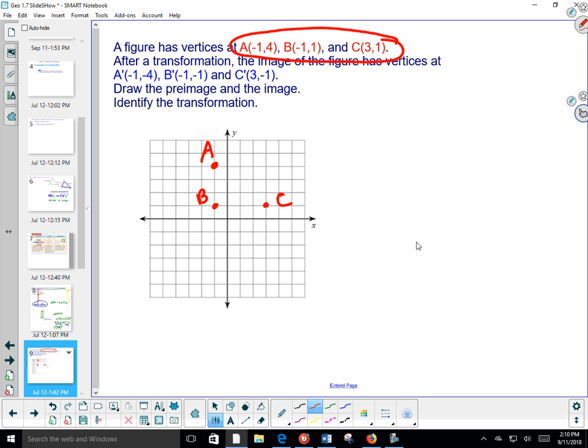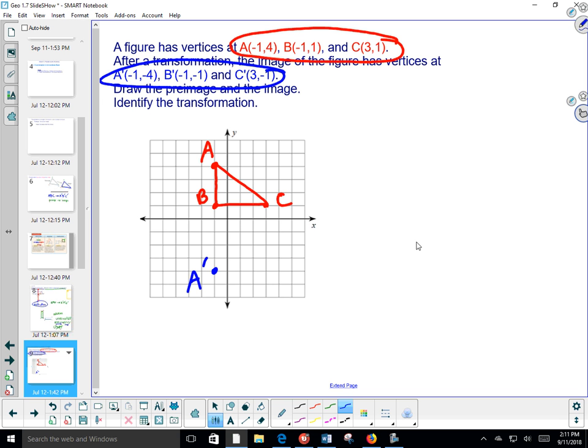Yes. Go ahead and connect these, because the figure has those as its vertices, which means this must be a triangle. Are we okay with this? Yes. All right, and now we want the image to be, I'm doing that one in blue here, so I'm going to do negative 1, negative 4, and I'm calling this point A prime.